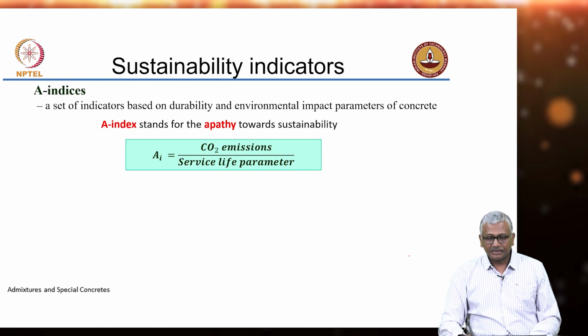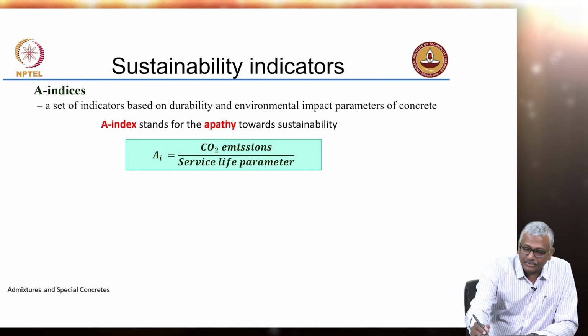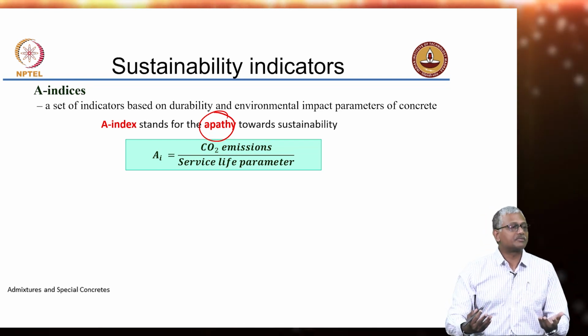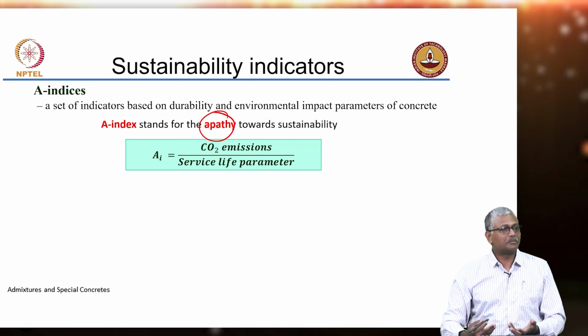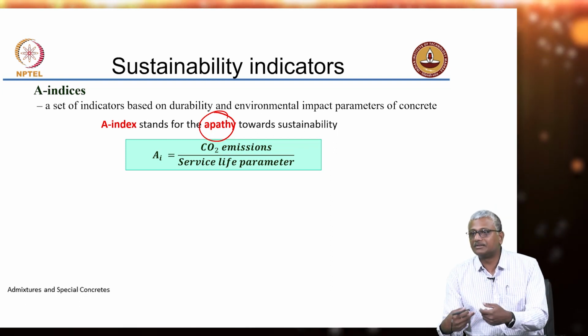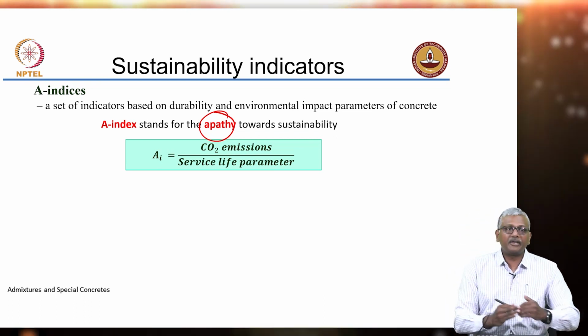So, for that, sustainability indicators were proposed. This is called A index or apathy index. Apathy means you do not care about something. So, A index being high means the apathy towards sustainability is very high. That means you do not care about sustainability at all. A index being low is good for you.